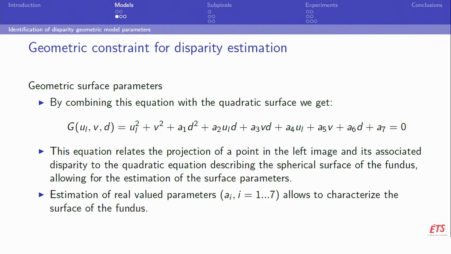So at the end, we have a 7-parameter constraint on the position of the pixel and the disparity that will be used to enforce the spherical shape of the eye. Recovering these 7 parameters is the same as recovering the global shape of the eye.